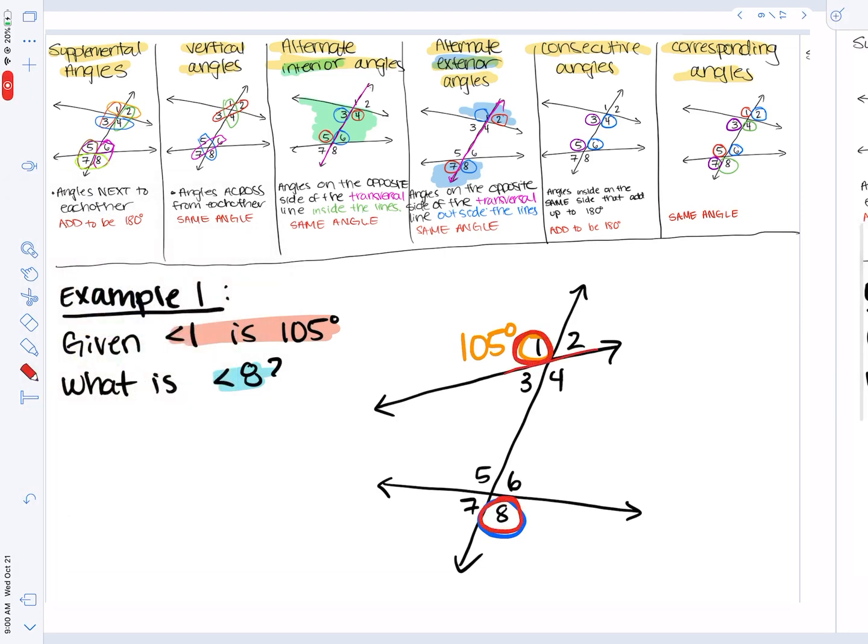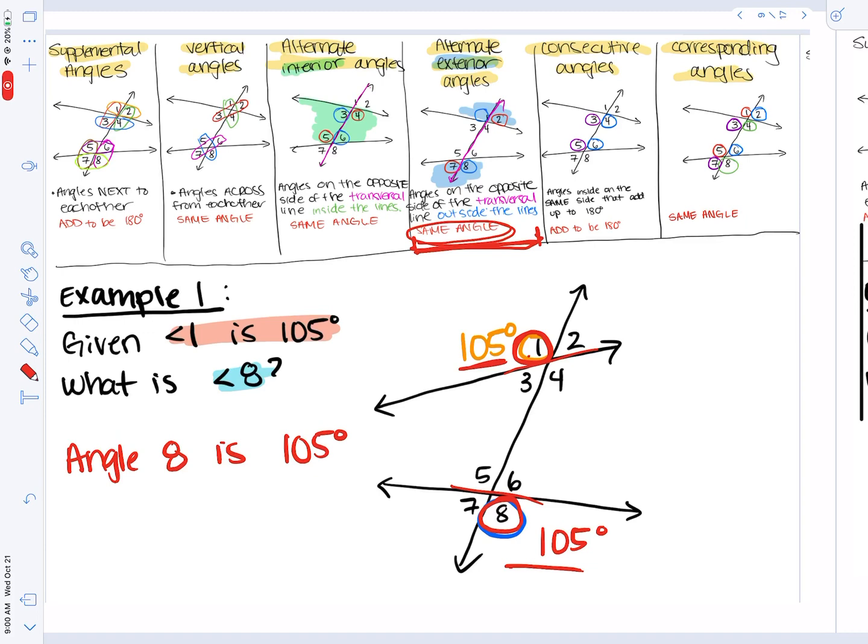So we know they're outside, okay? So we're going to use exterior. And exterior alternate angles means same angle. So if angle 1 is 105, what's angle 8? Very good. It's 105 degrees. So angle 8 is 105 degrees.